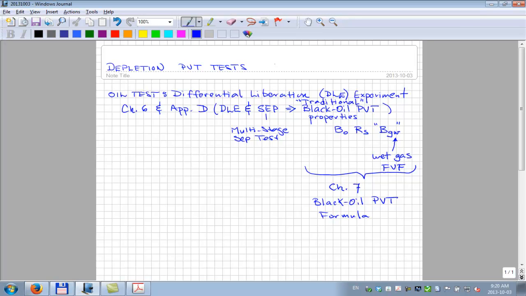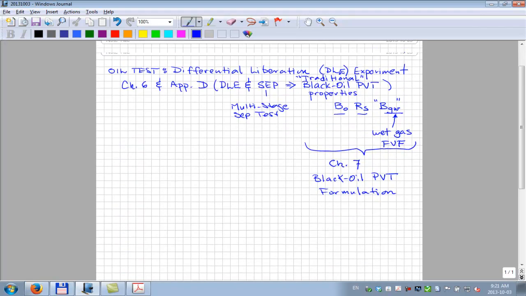there are basically two types of black oil models, if you will. The one being this traditional, which is discussed in Appendix D and used for the most part in all of the reservoir and production engineering textbooks. So it's the most common, at least historically, the traditional black oil.